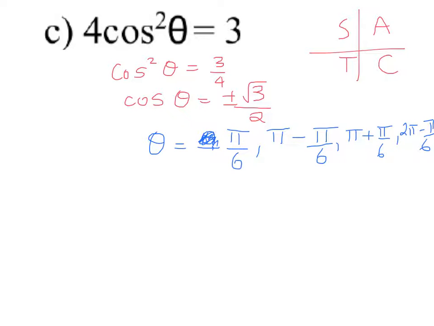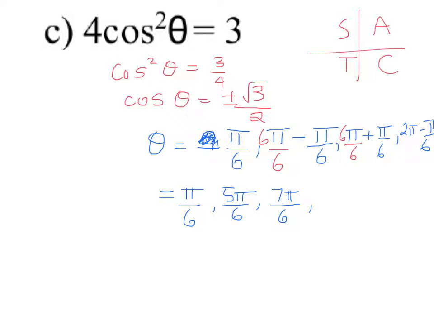So our answers are going to be pi on 6 in the first quadrant. In the second quadrant, let's find a common denominator there of 6, and you can see that's going to be 5 pi on 6. In the third quadrant, we're going to end up with 7 pi on 6.